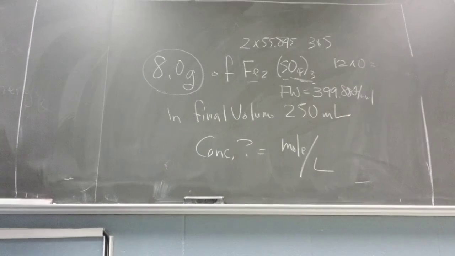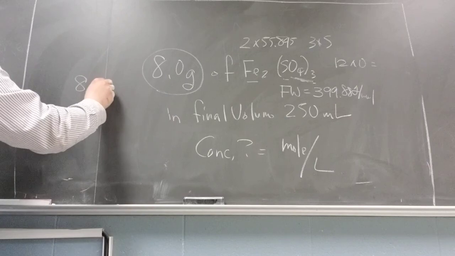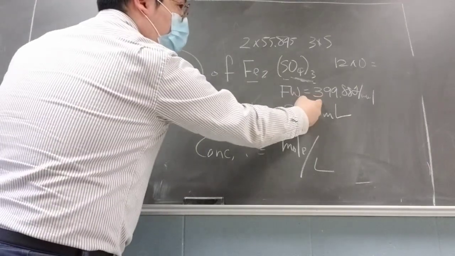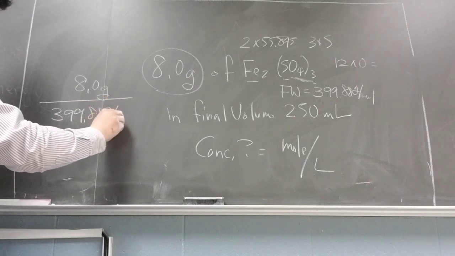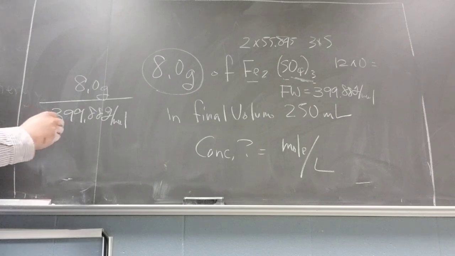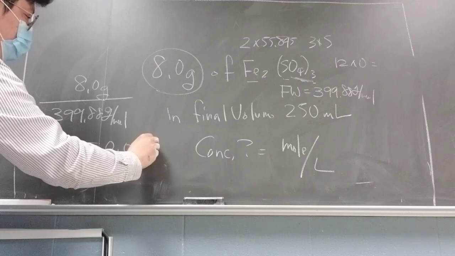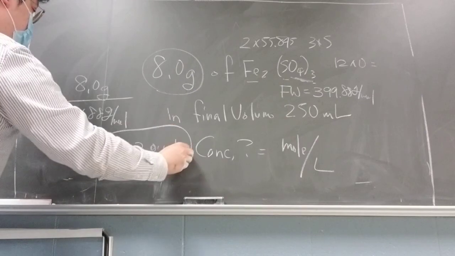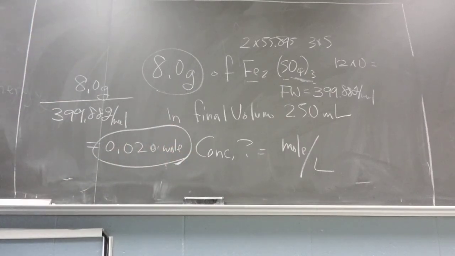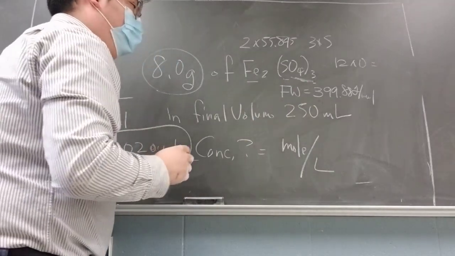So if you do the 8.0 grams divided by the formula weight, 399.88 grams per mole, you'll get about 0.0200 something moles. Then you just need to divide this by the final volume.